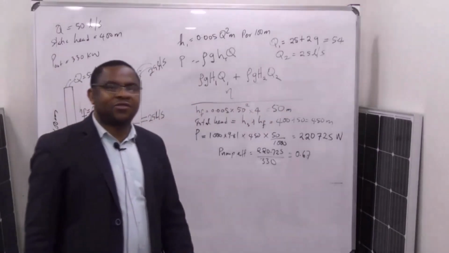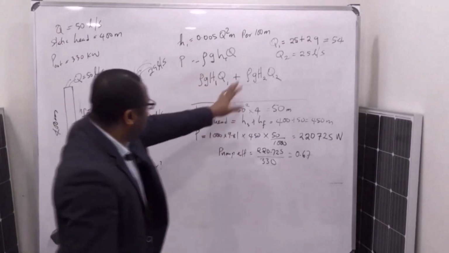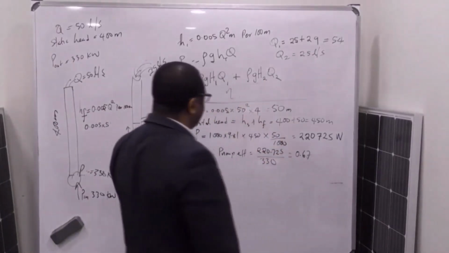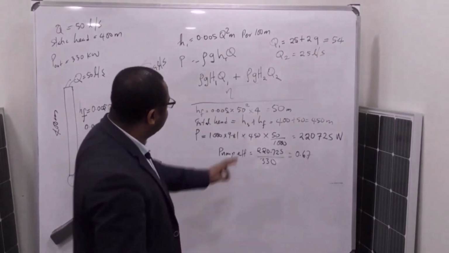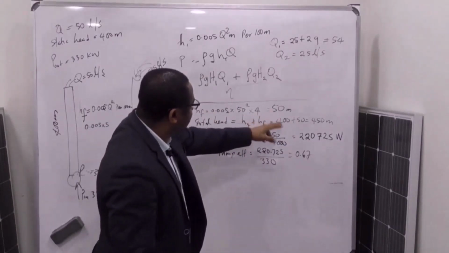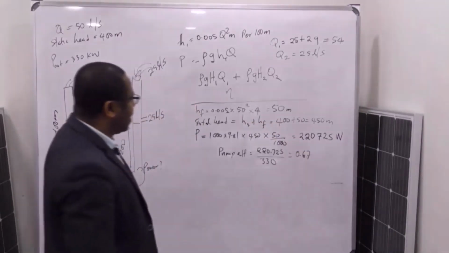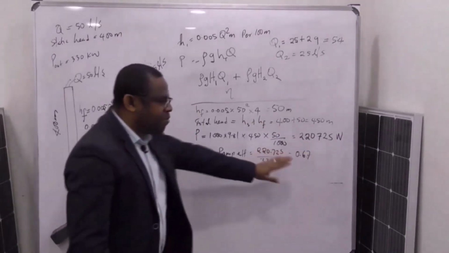Let's say if you made a mistake and you did not multiply this by 4, you are going to get something smaller also, which will be different from that. All right, so now we have pump efficiency.